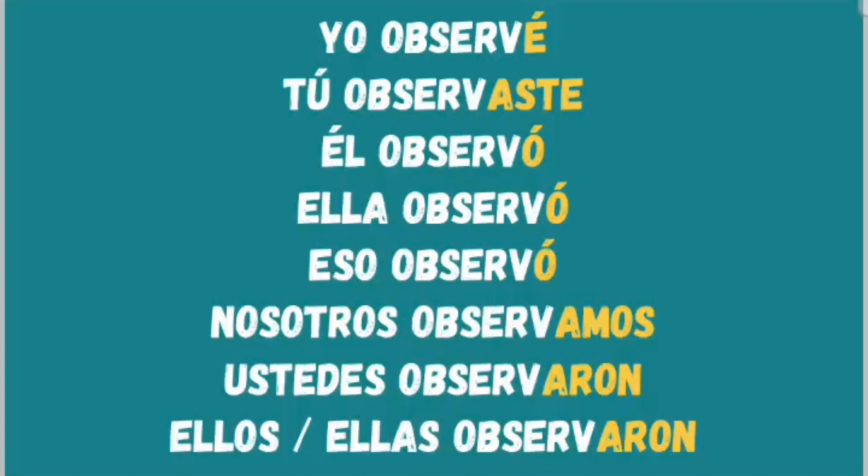Now with the personal pronoun it, eso or esa, then you have to say eso observó, it observed. If you want to say we observed, you have to say nosotros observamos.